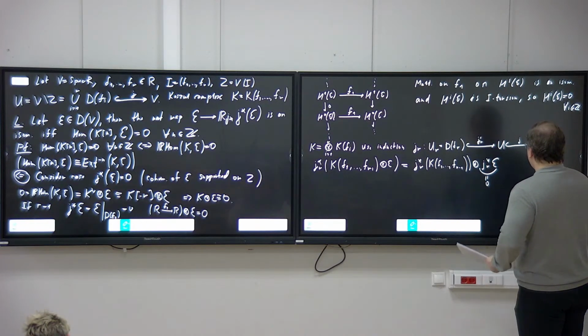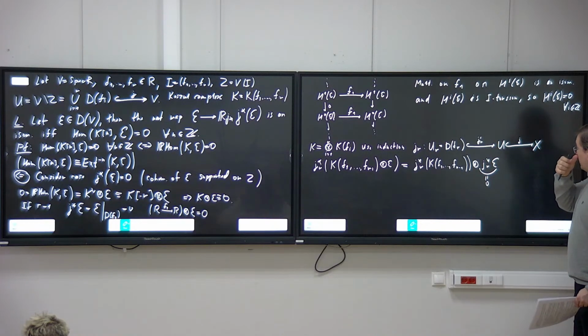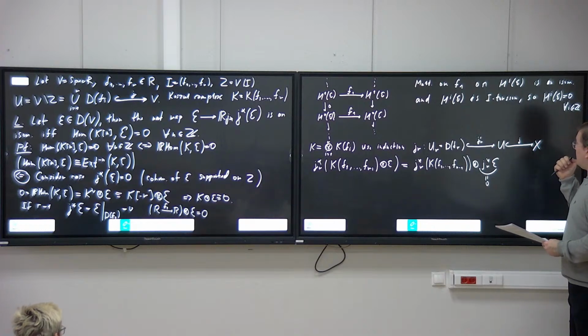Because I can look at this pullback as the composition of the two pullbacks, and then J upper star of E is 0.